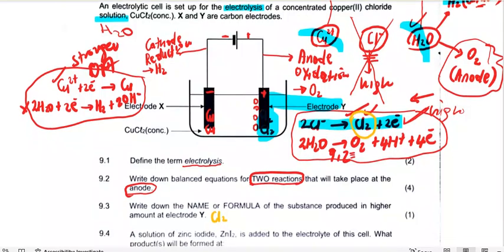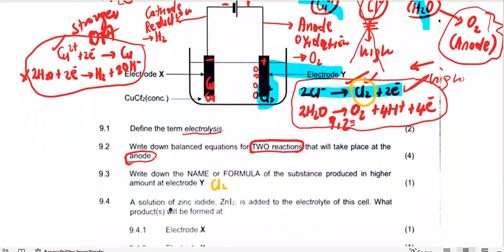Then a solution of zinc iodide, ZnI2, is added, which means we now have a new electrolyte, which is ZnI2. Zn will form ions, Zn2 plus, and iodine will form iodide ion.